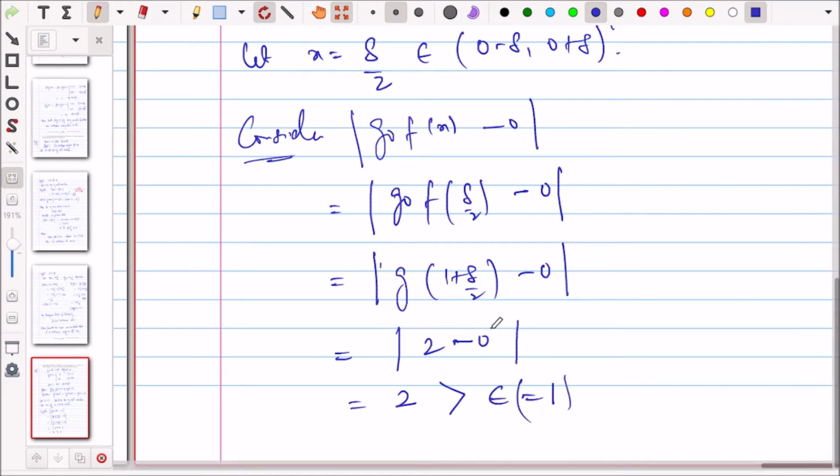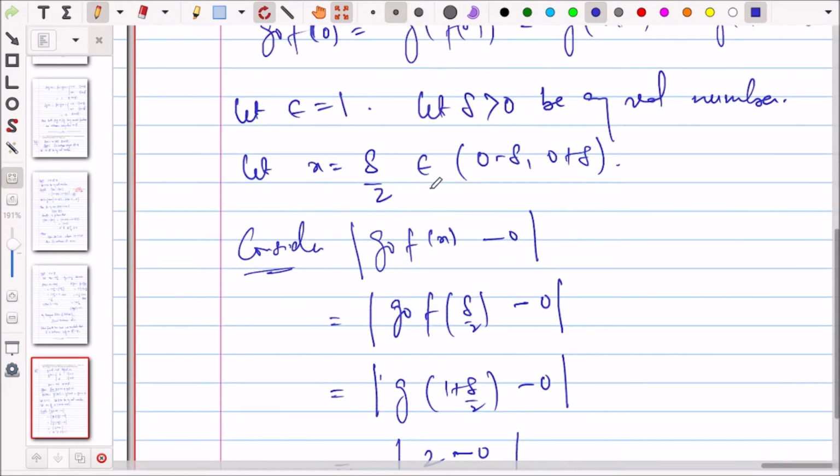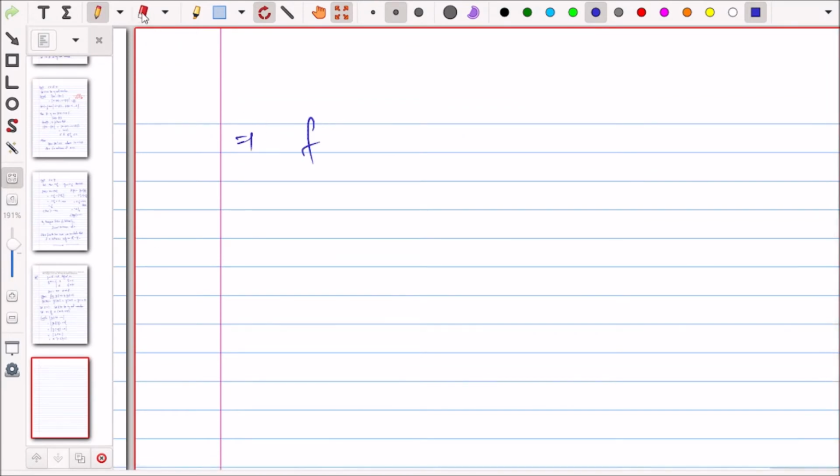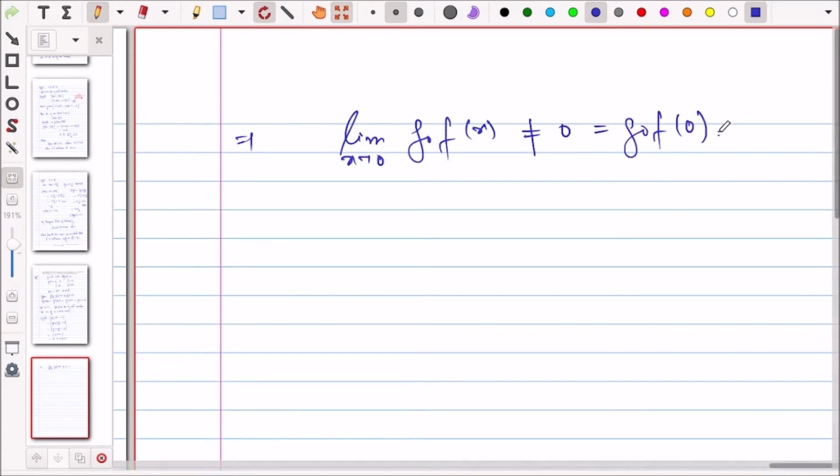Hence for epsilon equal to 1, if we take any delta, we will be able to find a point x equal to delta by 2 such that this is greater than epsilon. So this implies the limit as x tends to 0 of g of f(x) is not equal to 0, which is g of 0.